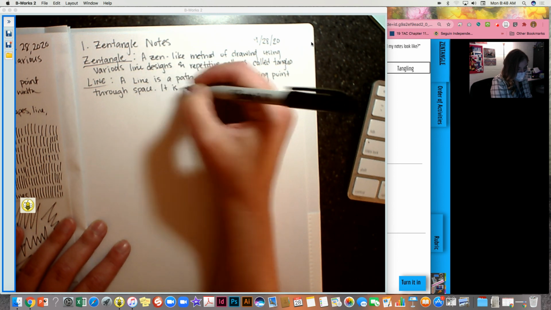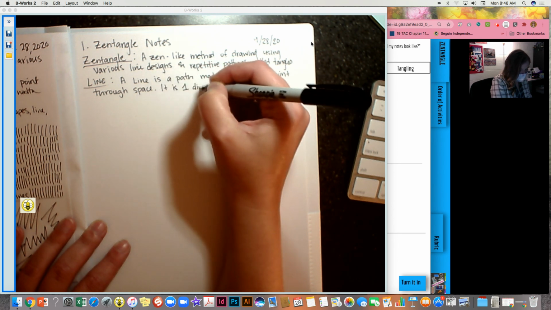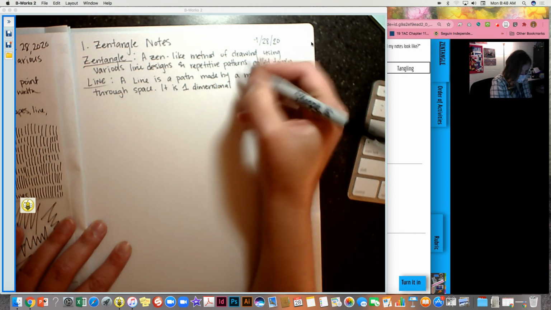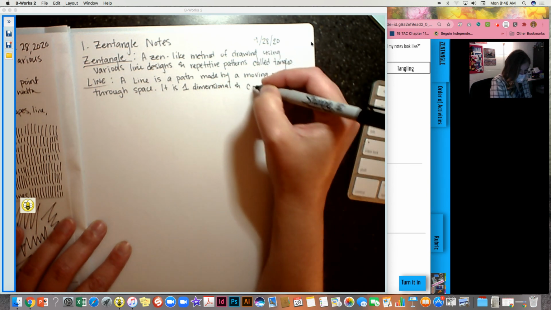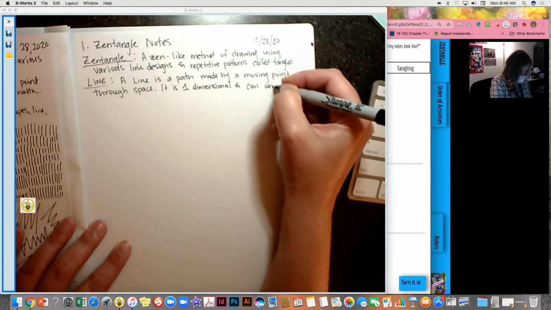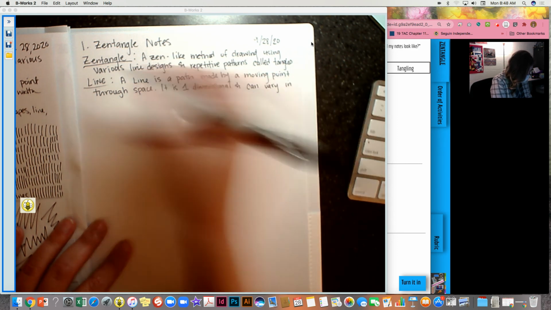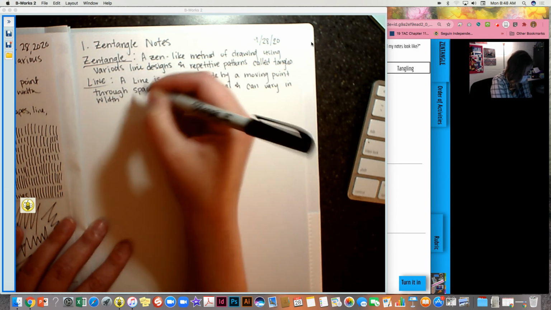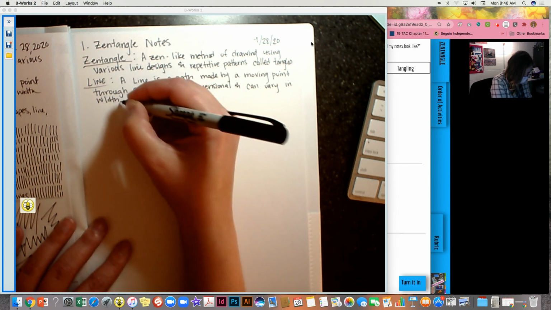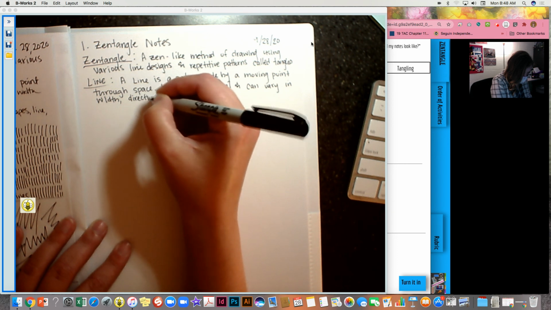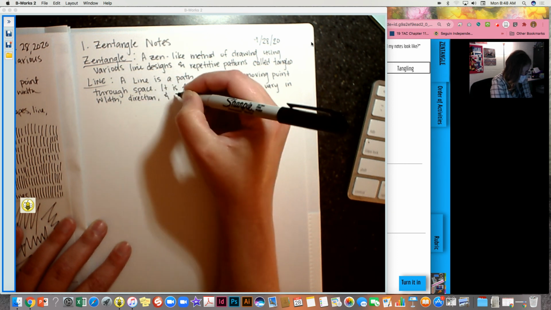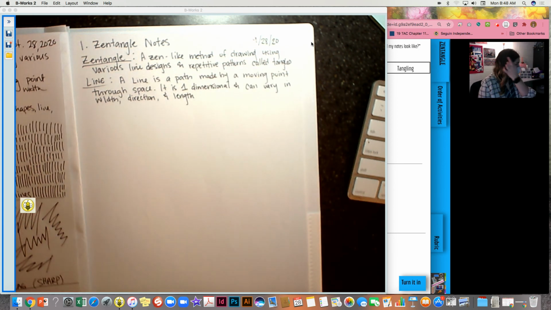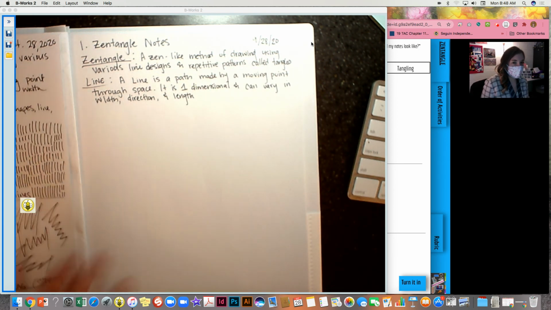It is one-dimensional and can vary in width, direction, and length. Sorry that my and symbols are kind of weird. You don't have to write that. You can write the word.